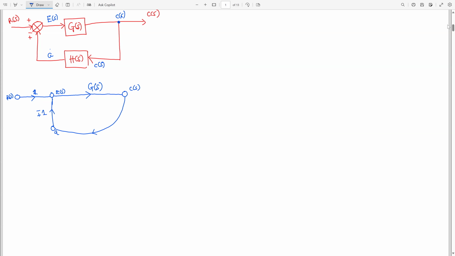And then the transfer function of this branch is the transfer function of this block here, so it's going to be H of S. Now you can simplify this whole thing.